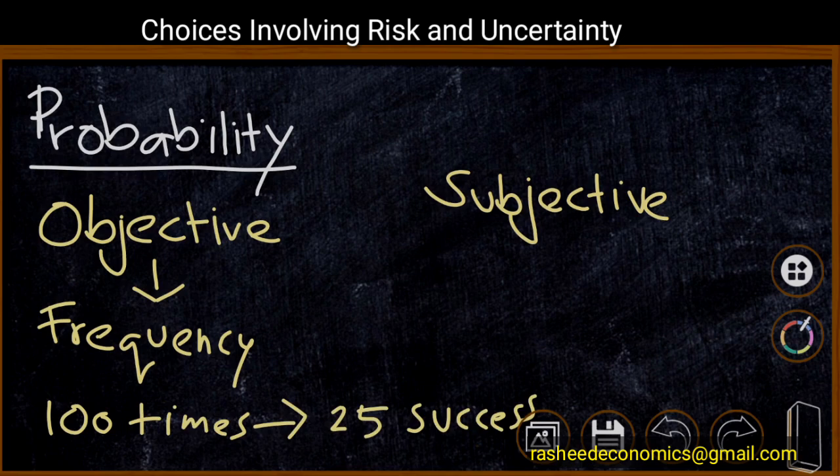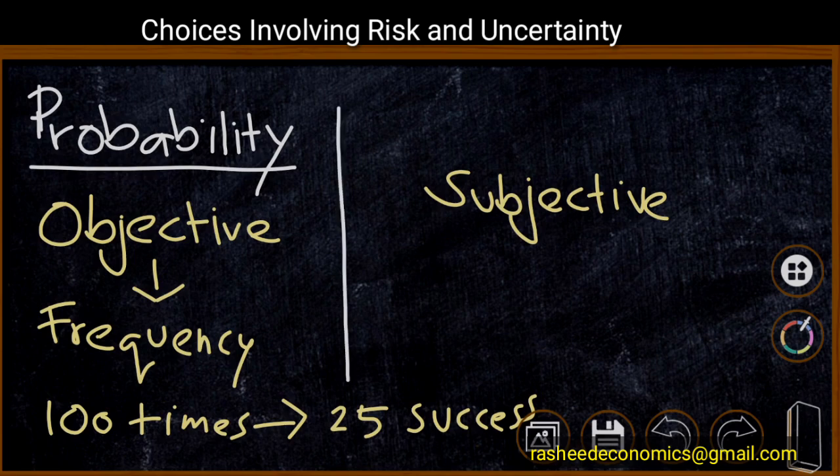And automatically its failure rate will be 3 by 4. Here we are depending on past experiences and we have relied on the probability or frequency of similar experiences. And in such a case, we can have the objective probability.